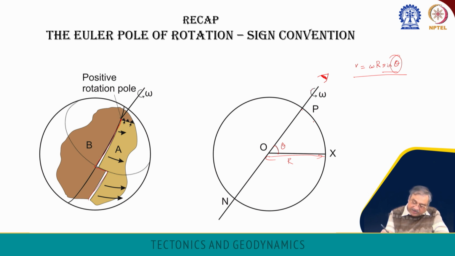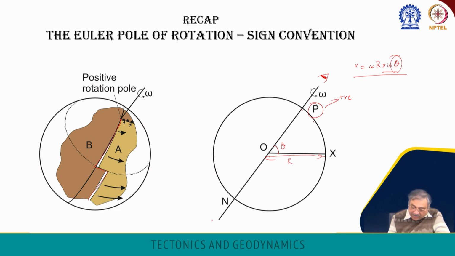If the rotation is anti-clockwise when I'm looking down along the axis from outside the earth towards the center of the earth, then we say that that particular Euler pole of rotation is associated with a positive value. So it's the positive pole, and we call that P here. So this is the positive pole.